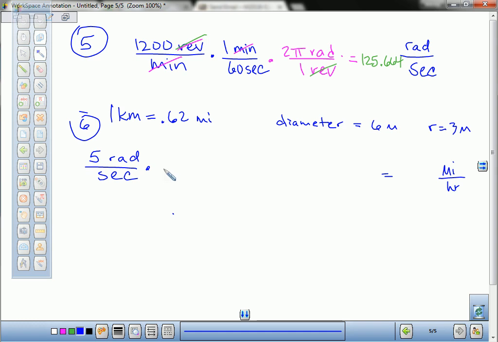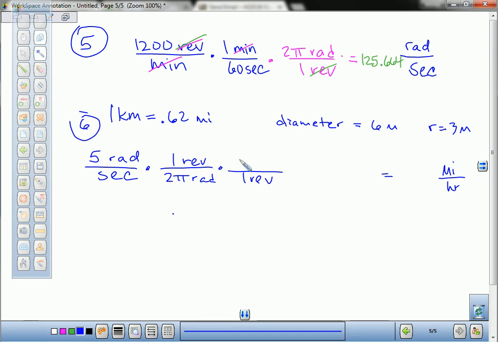All right. So, the one thing I can think of off the bat is 2 pi radians equals 1 revolution. Let's try it. 2 pi radians is 1 rev, and then 1 rev is one circle. The circumference is 6 pi meters.